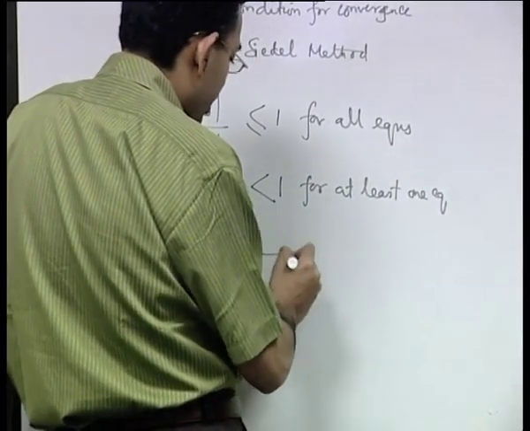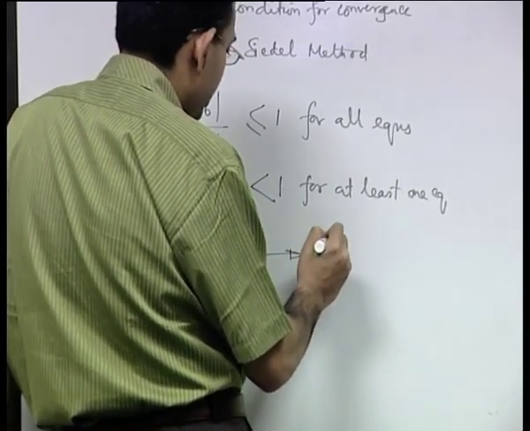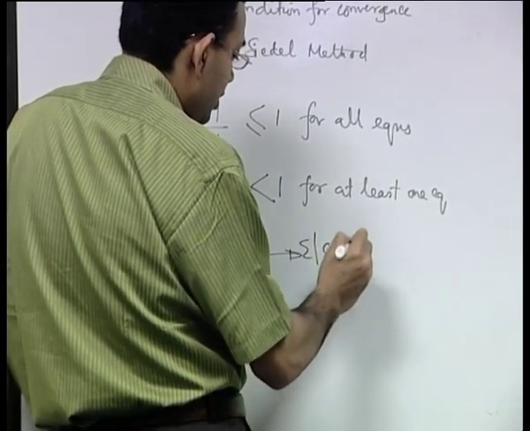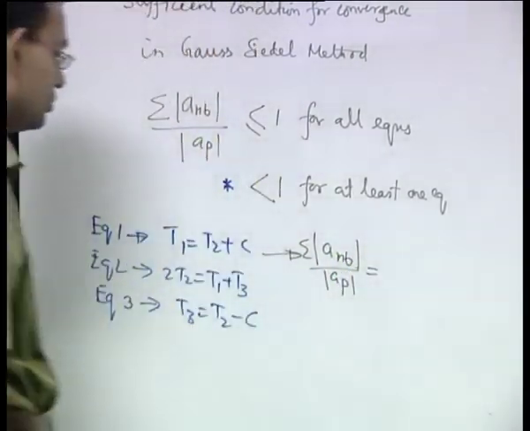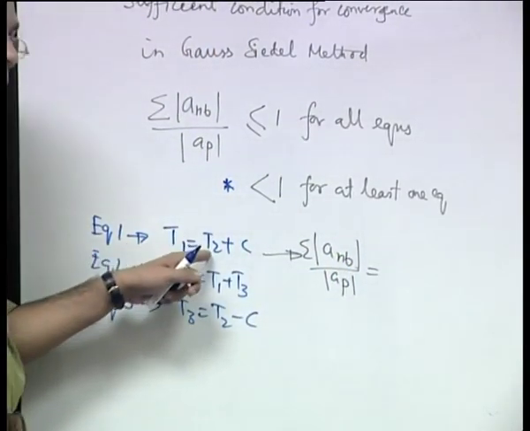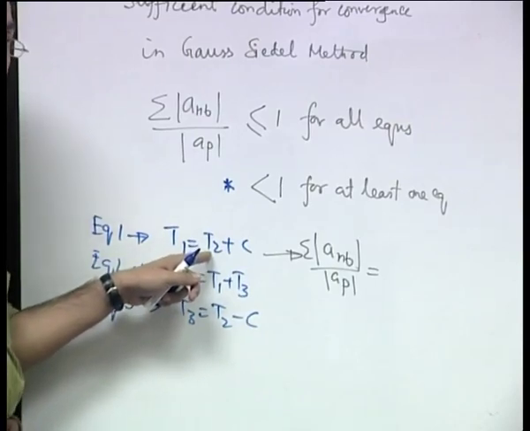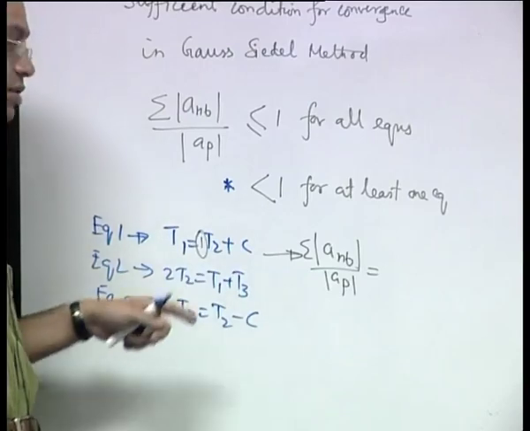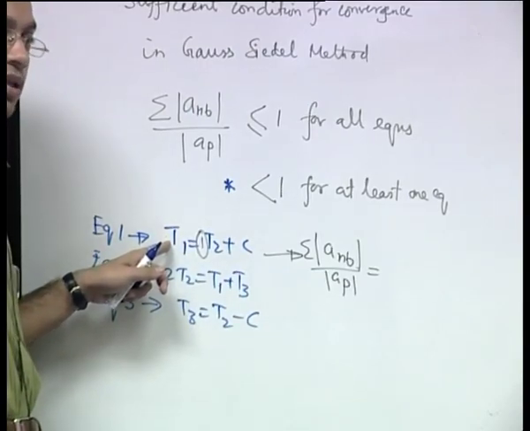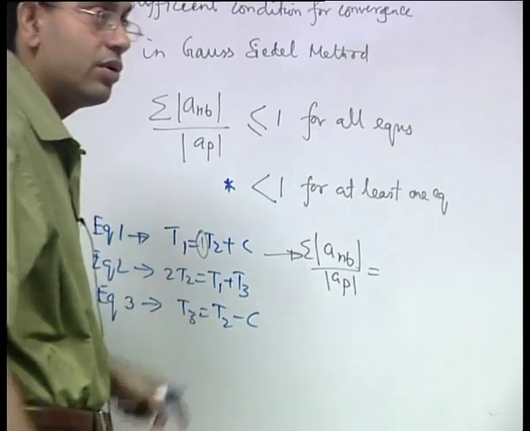So, what is the corresponding summation of mod of A nb by A p for equation 1? How many neighbors are there? One neighbor is there and the corresponding neighboring coefficient is 1 and AP is A1, that is 1. So, 1 by 1 this is equal to 1.